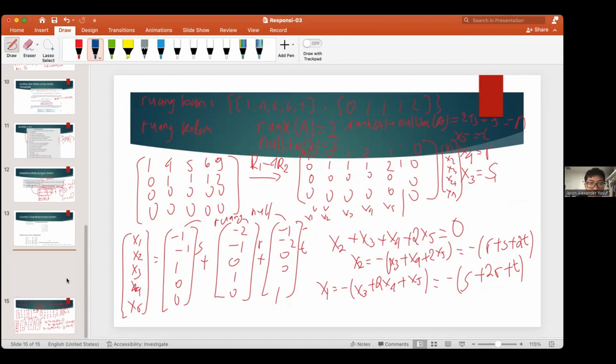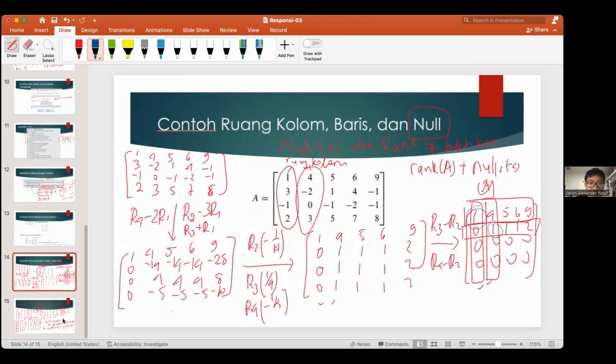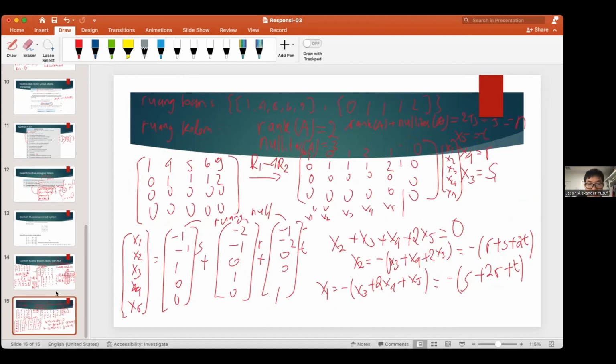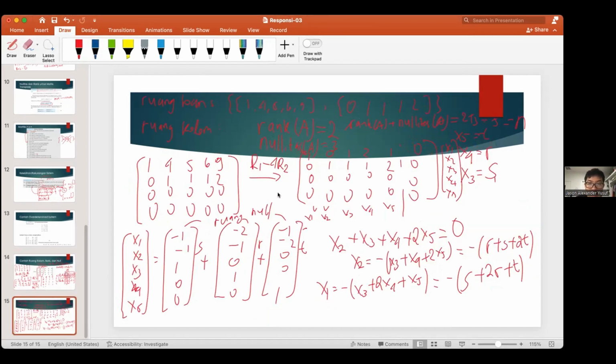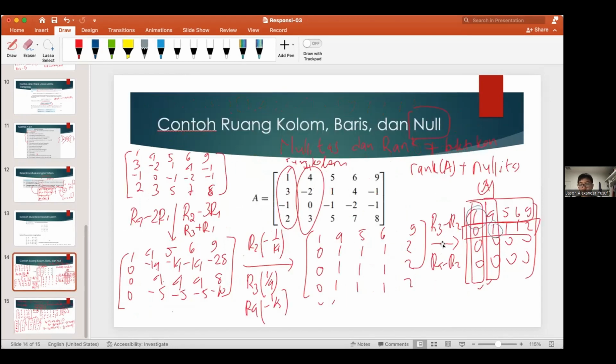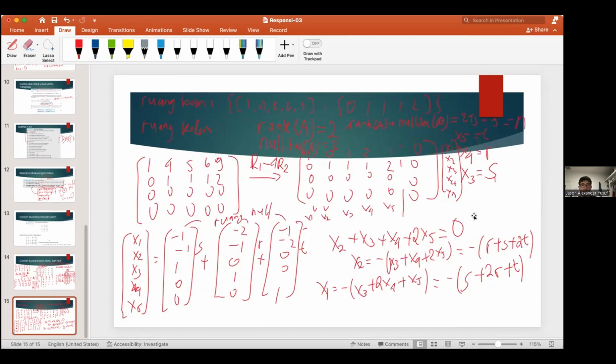And next is to find the null space and also effectively the nullity and the rank. So basically, in order to find the null space, you need to do the Gauss-Jordan elimination. So what you have to do next is convert the row echelon form into the reduced row echelon form.